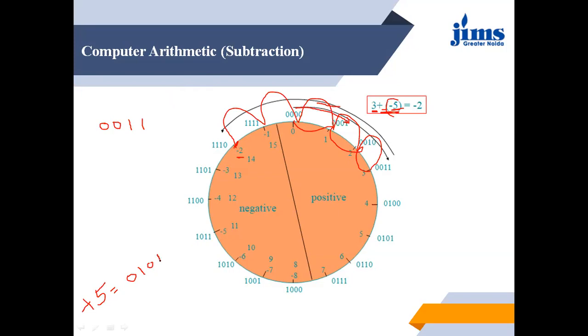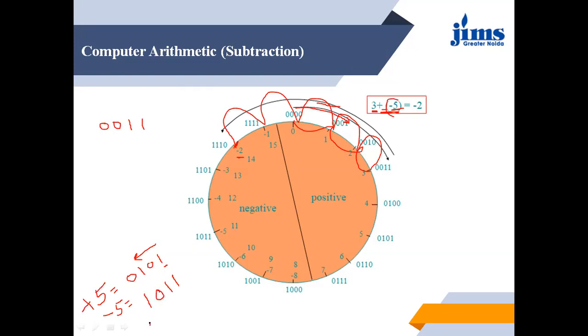And when I have to write minus 5, in that case we have to take the 2's complement of plus 5 and start from right to left. See the first one: the first 1 on the first bit, write as it is, and after that replace each digit, 0 to 1 and 1 to 0. So instead of 0, now it is 1. Instead of 1, it is 0, and instead of 0, now it is 1.